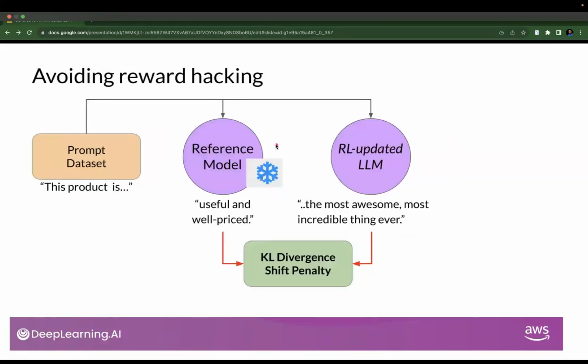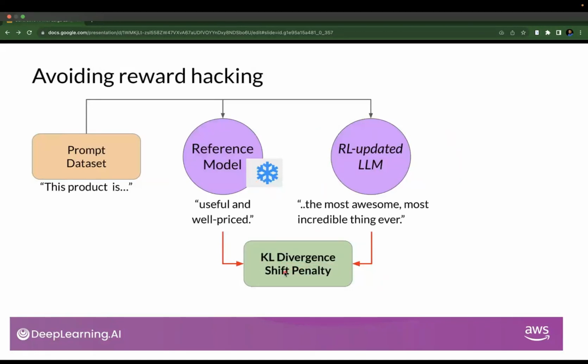To do so, we keep the reference model, which is our original instruct fine-tuned model, and we have this RL updated LLM, which gets updated after each iteration of the reinforcement learning. And we calculate the divergence. One such divergence measure is the KL divergence.